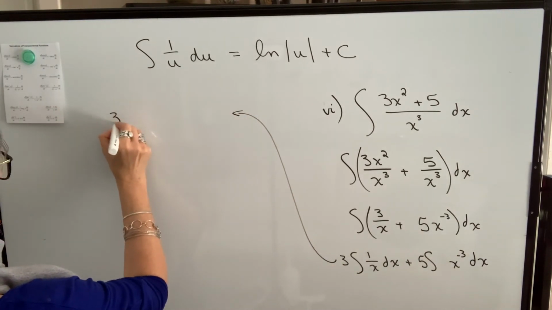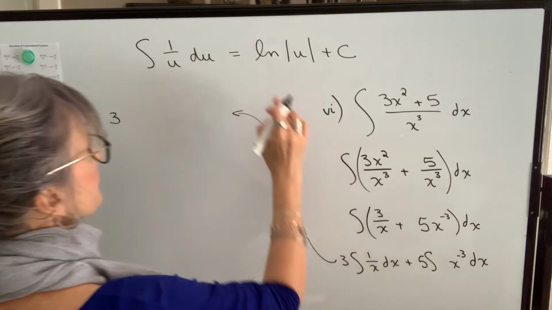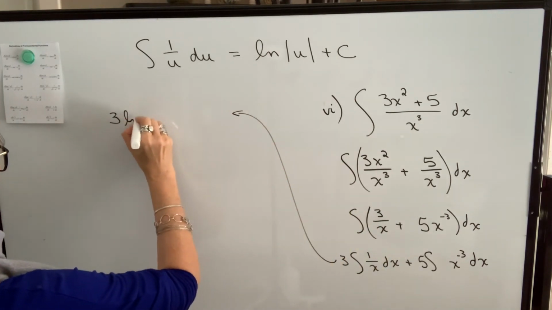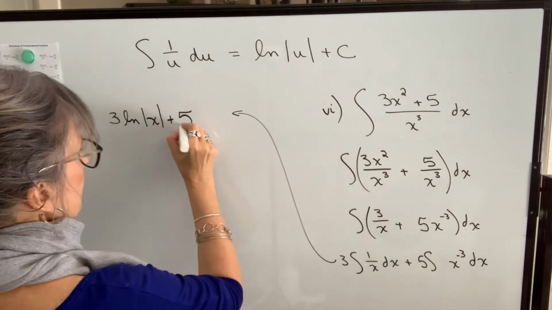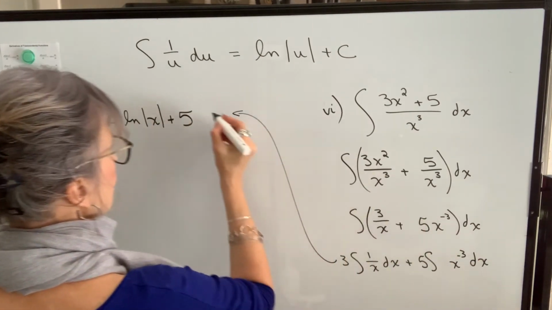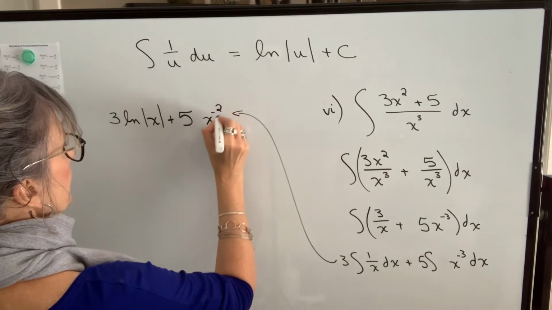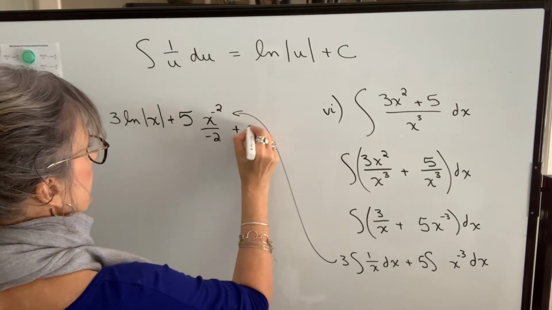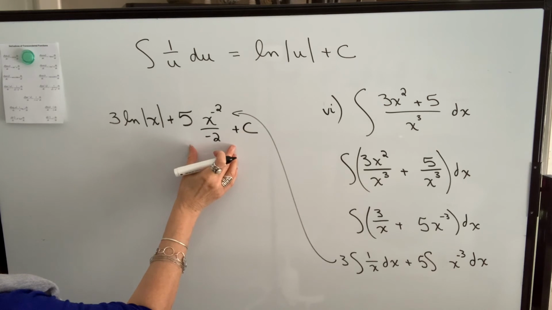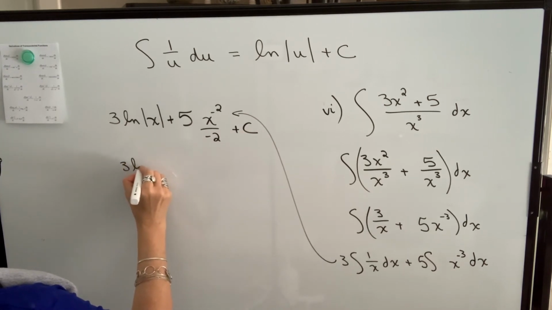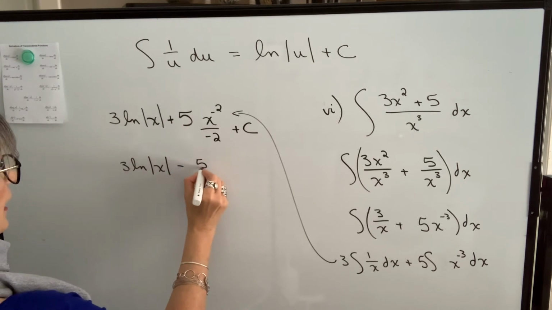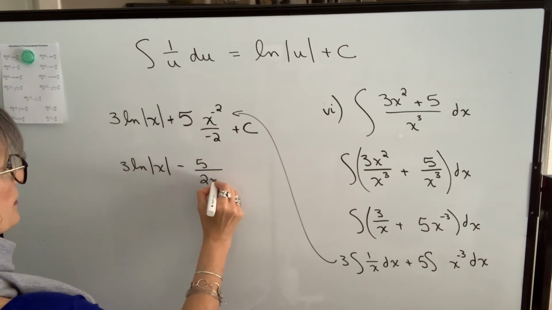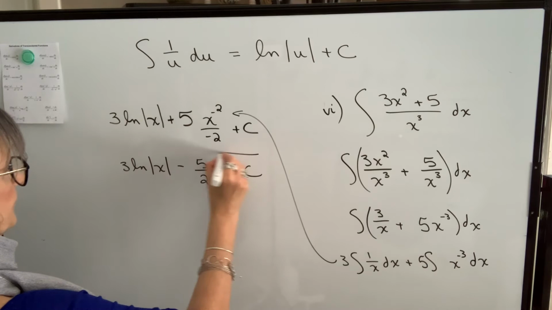So it will be 3 times the integral of 1 over x dx is natural log of the absolute value of x, plus 5 times the integral of x to the negative 3 will be x to the negative 2 divided by negative 2, plus c. Let's clean this up. It would be 3 times the natural log of the absolute value of x minus 5 over 2x squared plus c.